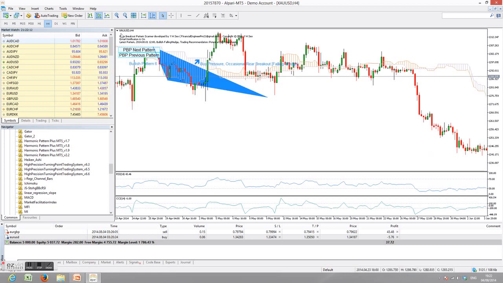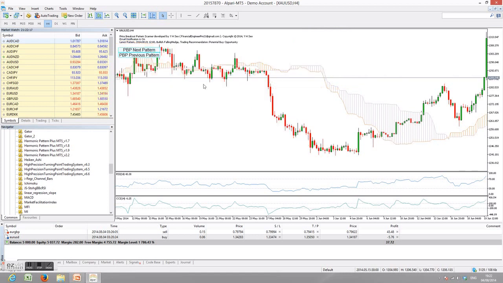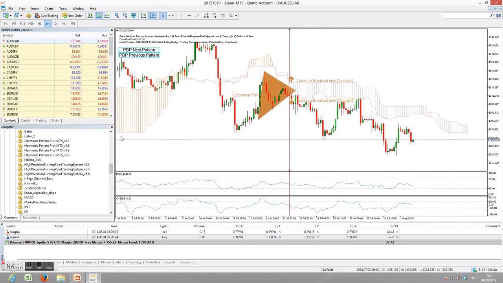For example, let's go back to this. When you use oscillators, the point where you have to measure your oscillator readings is actually not the point where the prices break out, but the point when the price hits the opposite wall of the patterns.